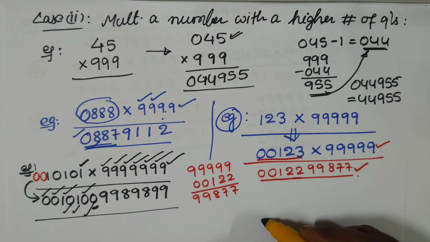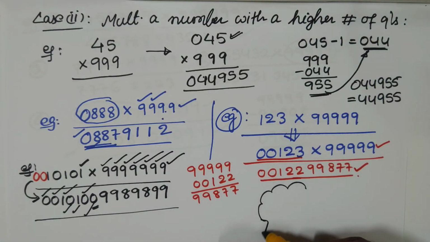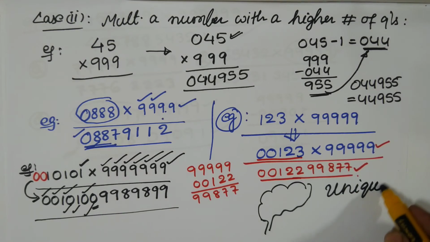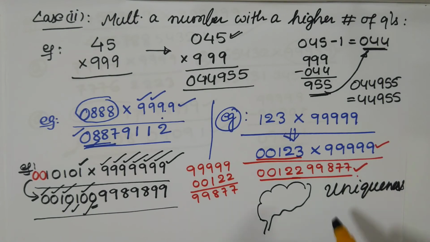Whatever it is, I can calculate within my mind. Everything I can do in my mind. So we could say this is the uniqueness of these Vedic mathematics systems. Very happy, hooray.